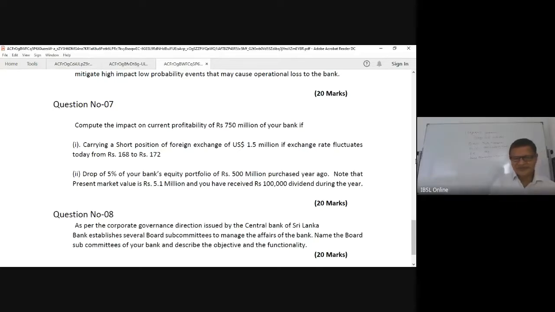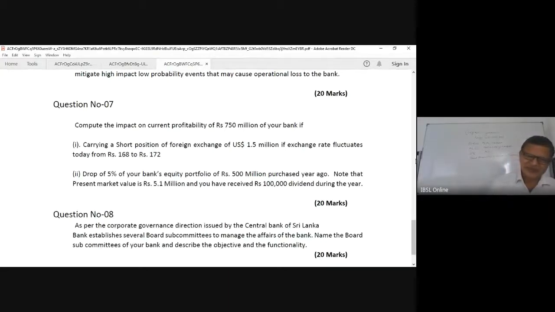For risk management, the objective is that we will have no surprises, that all the risk types in the bank are managed so that losses can be minimized. The functionalities attached to the risk management unit include sections for credit, market, operational, and IT, to look after various risk types.